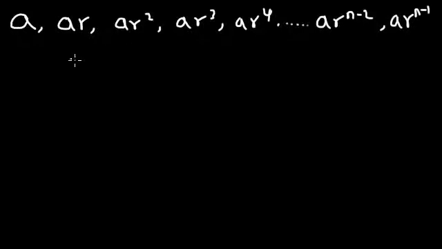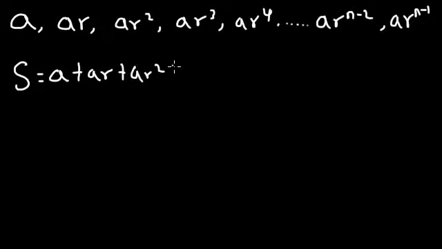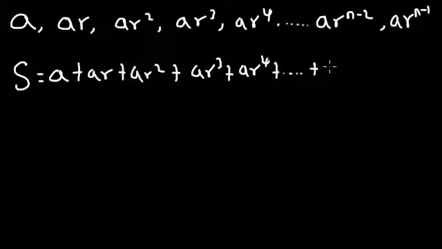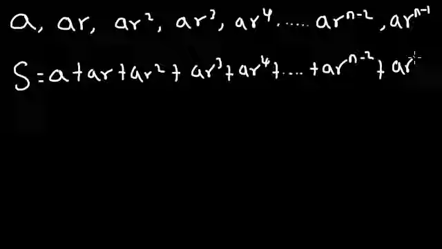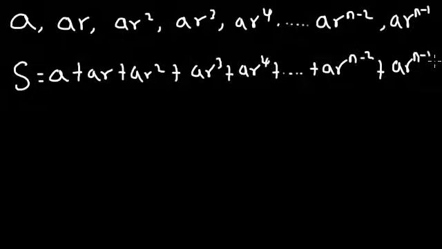Perfect. Now if for instance we want to find the sum of this series using algebra, then we say that the sum S would be equal to A plus AR plus AR squared plus AR cubed plus AR to the power of 4, then plus dot dot dot whichever terms come in, plus AR to the power of n minus 2, and again plus the last term AR to the power of n minus 1.